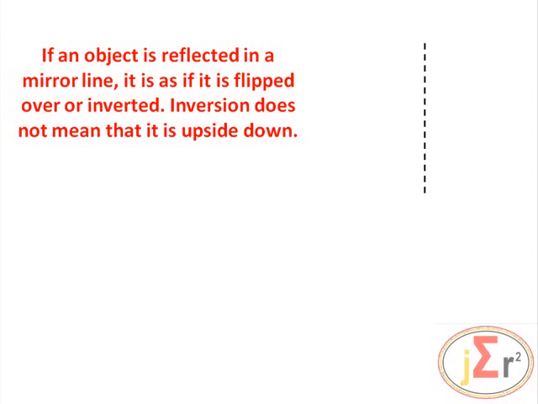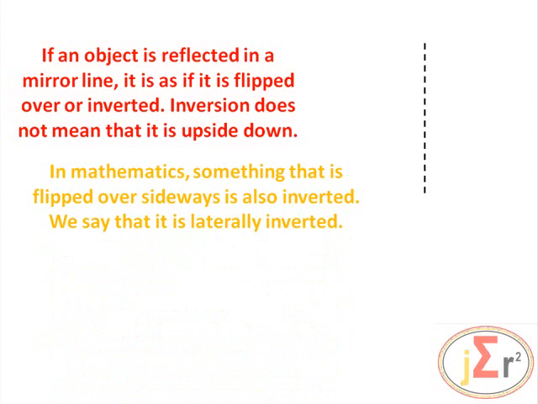Inversion may mean that it is the other way around, or we may say that it is flipped over, or it is switched around. In mathematics, something that is flipped over sideways is also inverted. We say that it is laterally inverted.